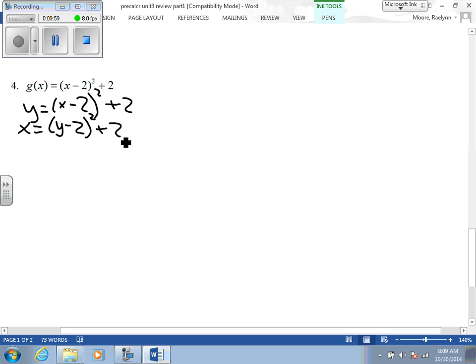Okay, so he interchanged the X and the Y. When he takes the square root, he gets a plus or minus. And he's using his negative because he's a decreasing.